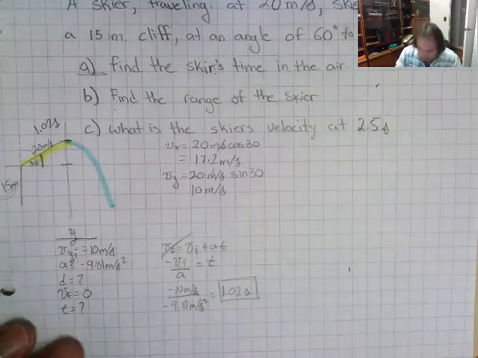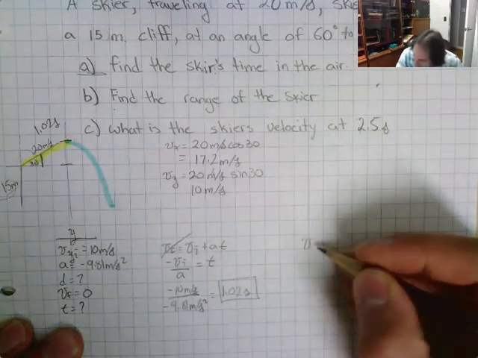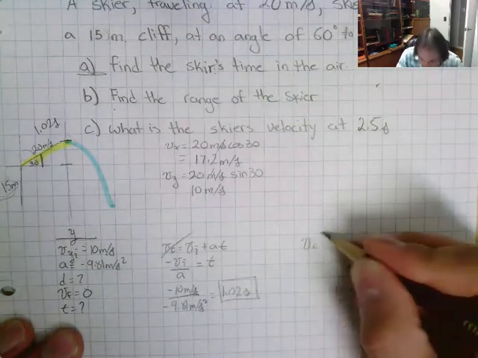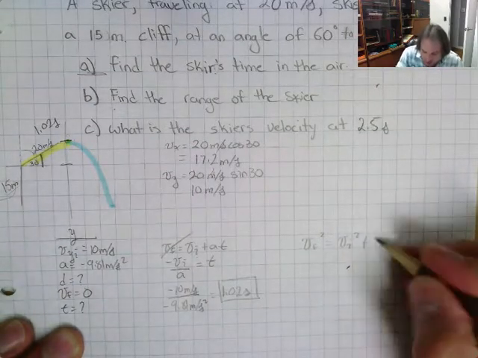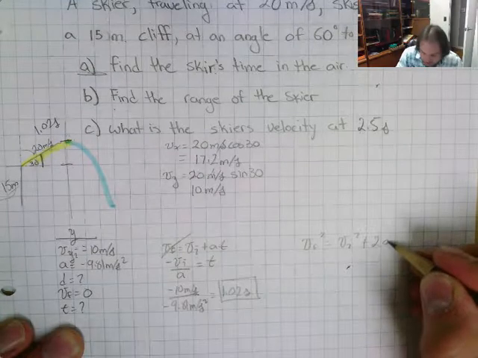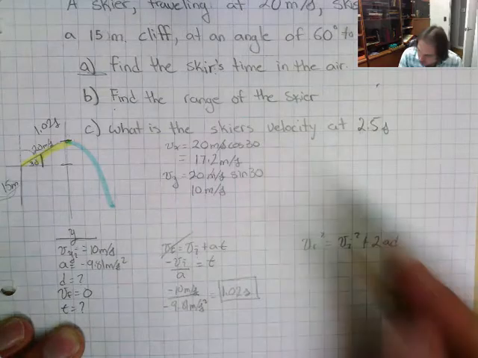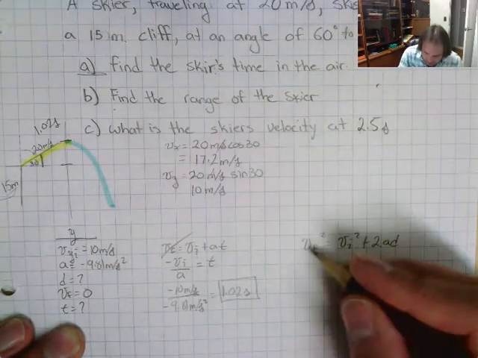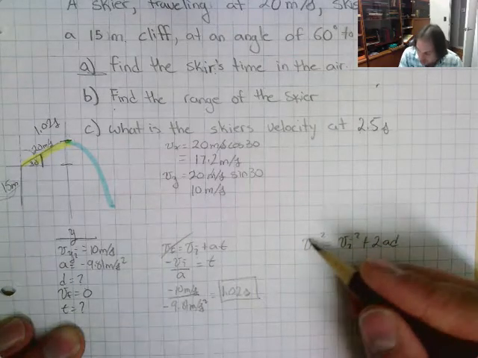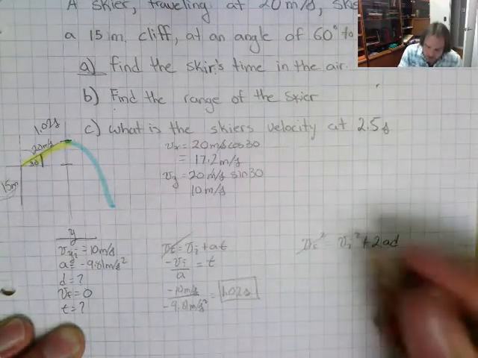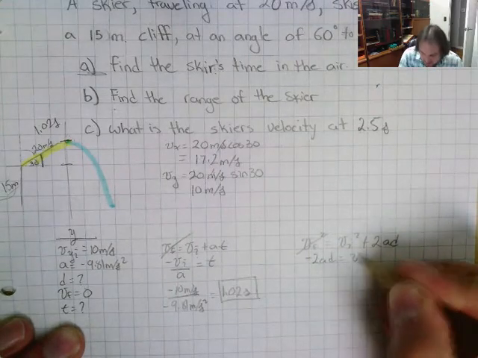So for that here, I'm going to look at this formula. We're going to have my final velocity squared is equal to my initial velocity squared plus 2 multiplied by my acceleration multiplied by my distance. If we rearrange that, we know the final velocity for this one is 0. So I'm going to have negative 2AD is equal to V squared.